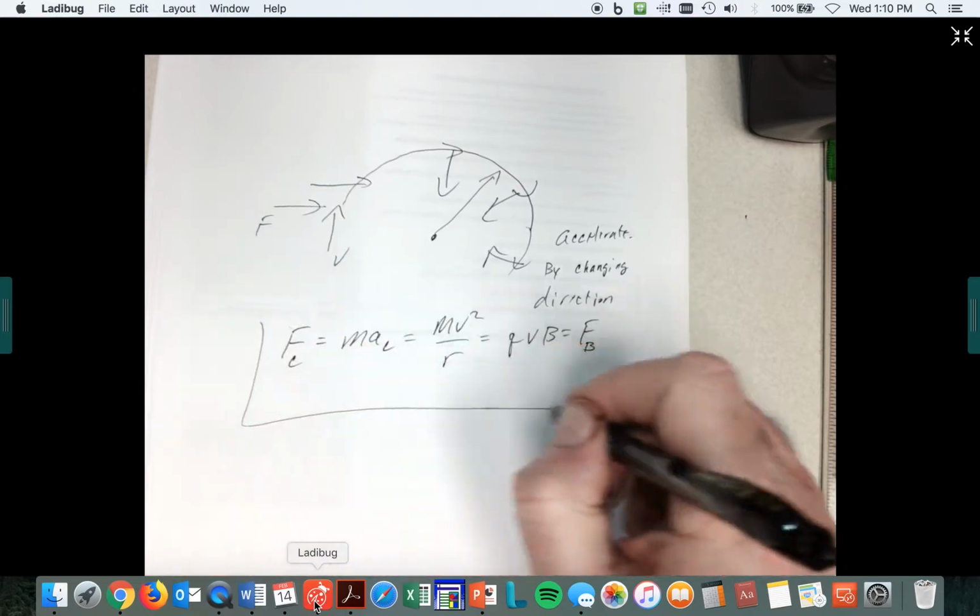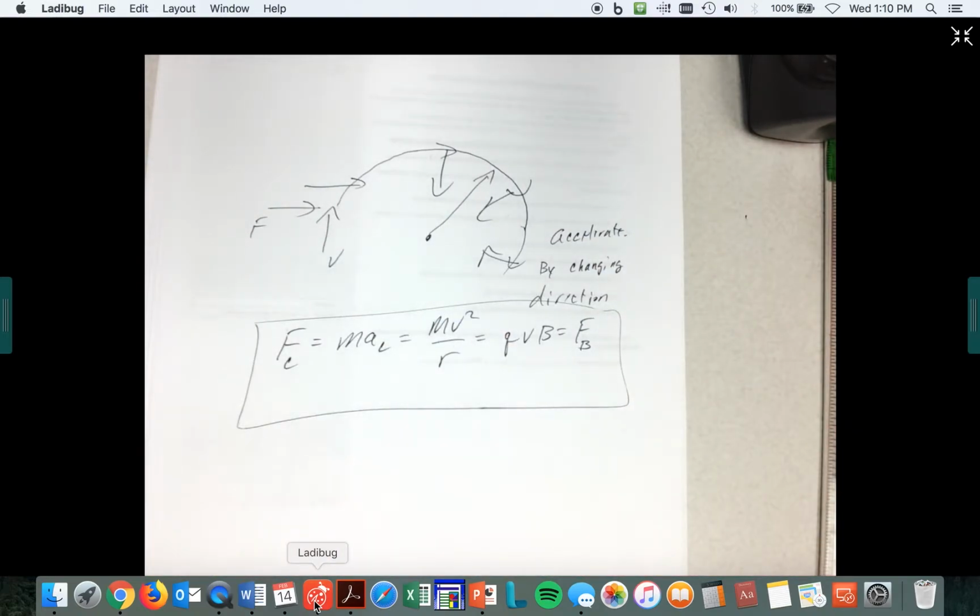That's the big idea behind the mass spectrometer. Fire the thing into a field, get it to curve, and when it curves around, bam, it's going to hit a detector. Watch and learn.